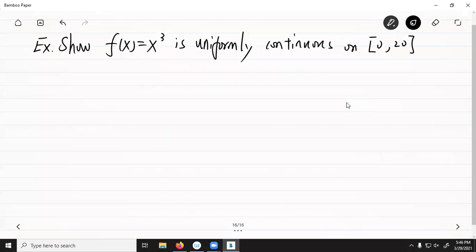No problem, right? So we want to show that. How do we show that? We want to use the epsilon delta criterion. This is a good practice using the epsilon delta criterion.